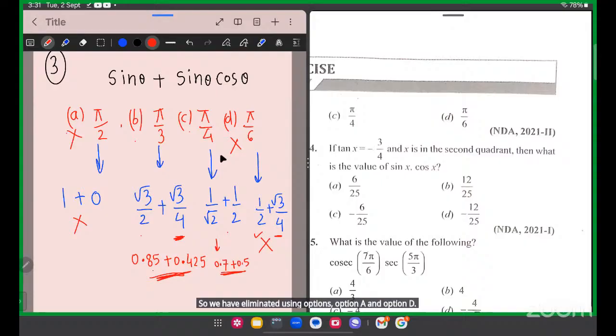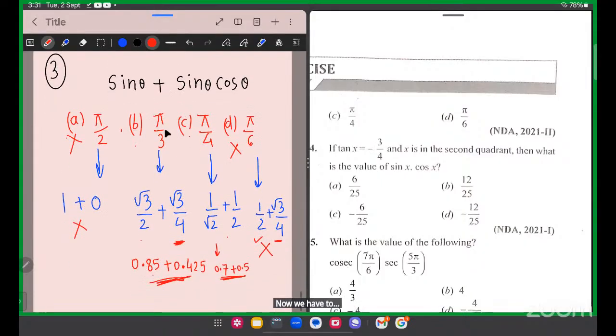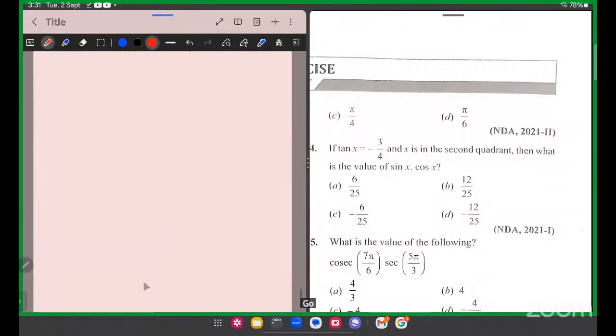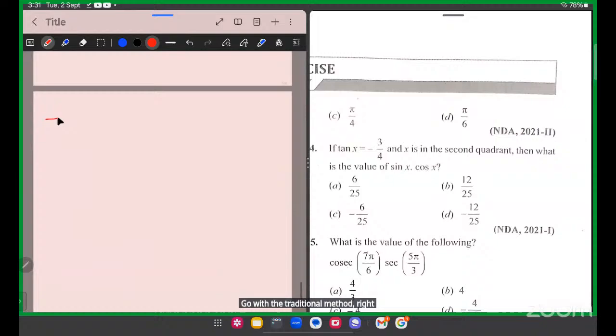Now we have to see which is maximum, right? So we have to go with the traditional method, right? So see, we have got sine theta plus sine theta into cos theta. So suppose this is f of theta. Now we have to just differentiate it.